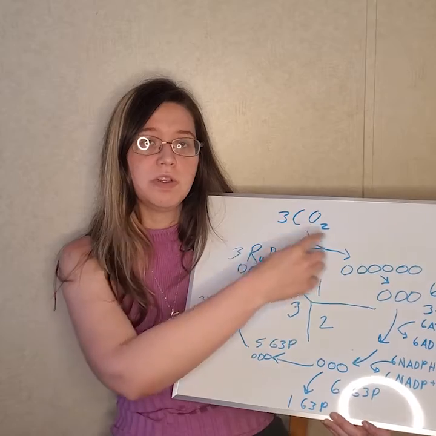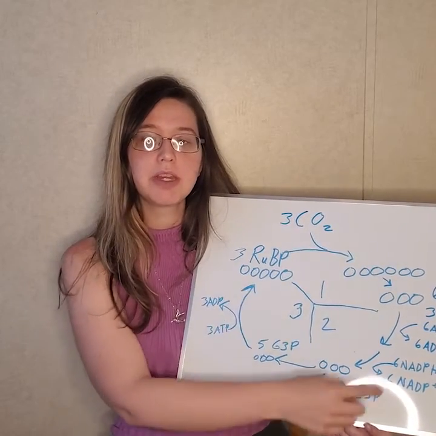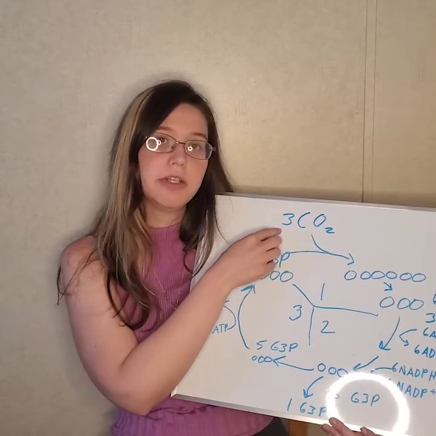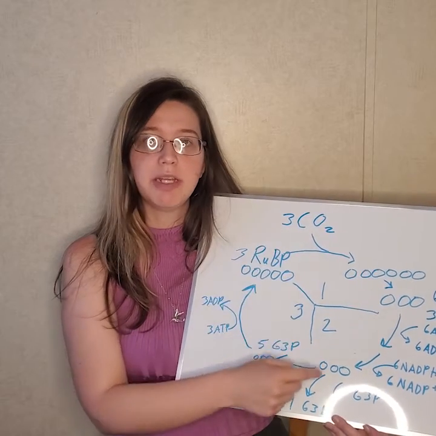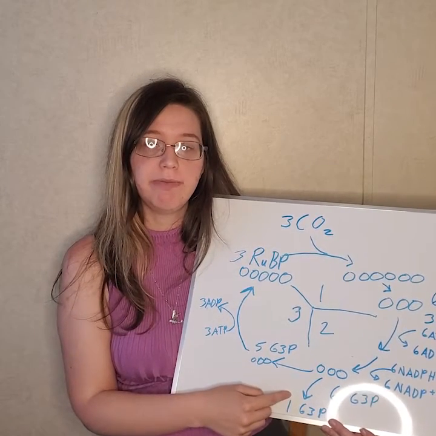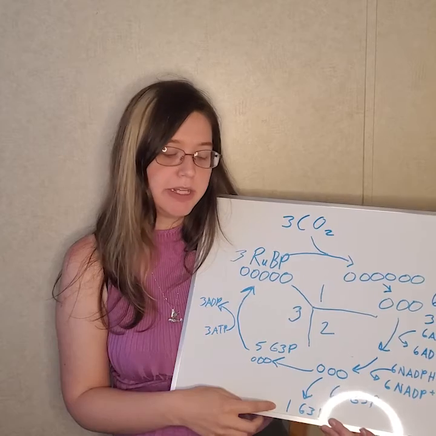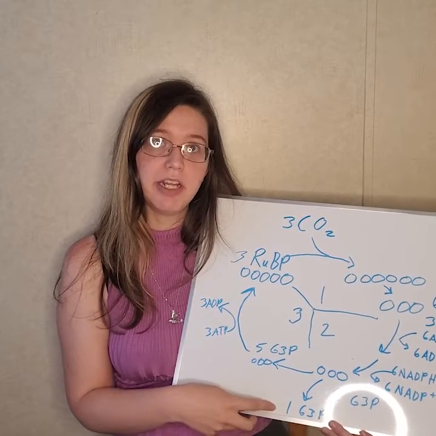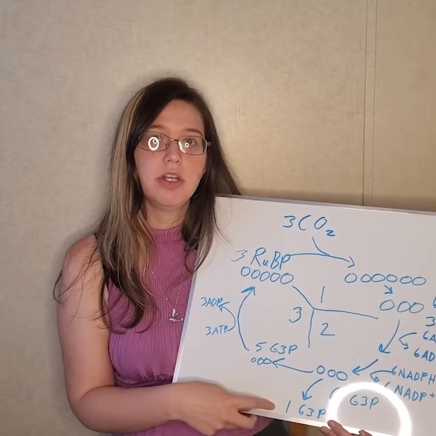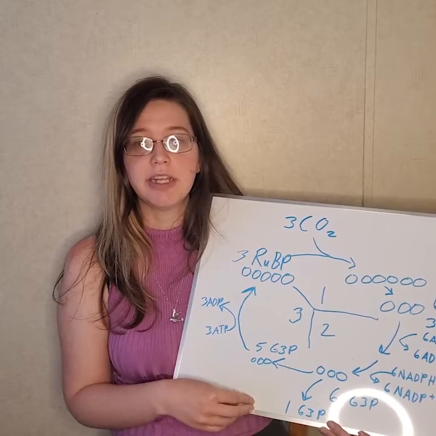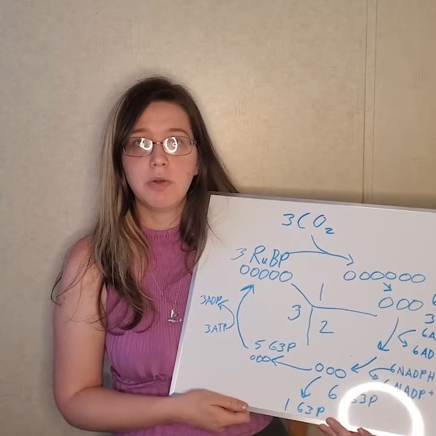Then the whole cycle can repeat. 3 molecules of carbon dioxide are required to make 1 molecule of G3P. And G3P is then used to make other molecules. 2 G3Ps can come together to make 1 glucose molecule.